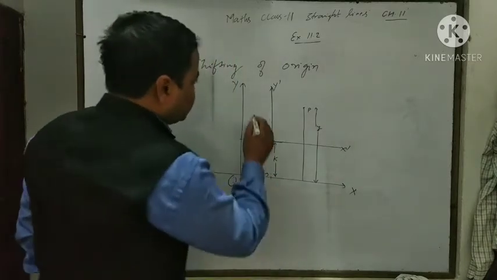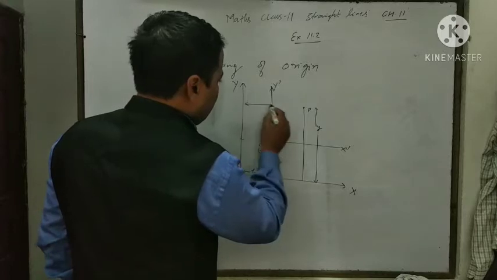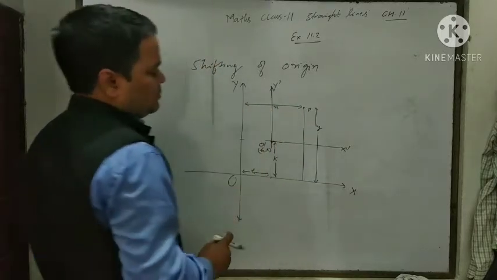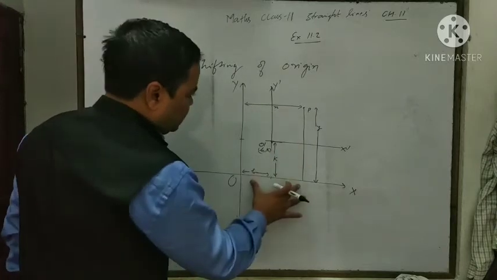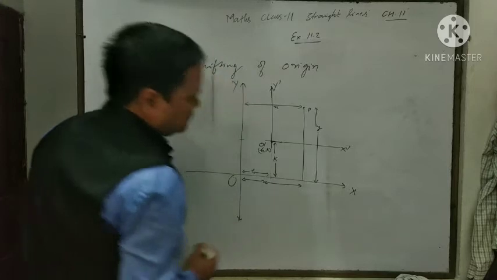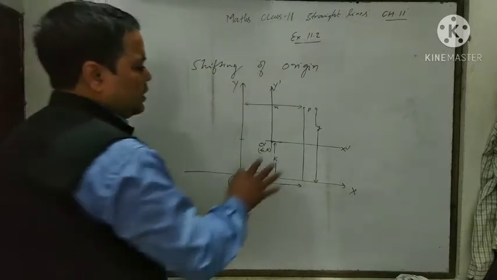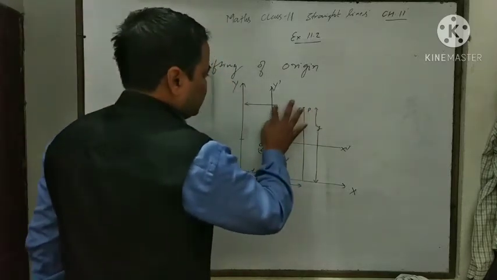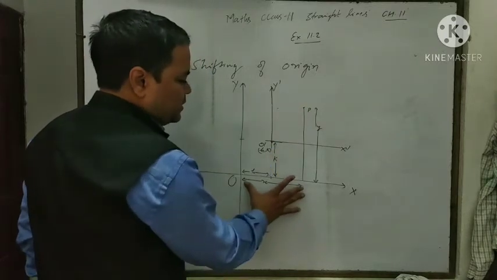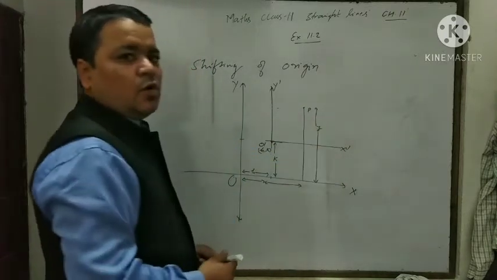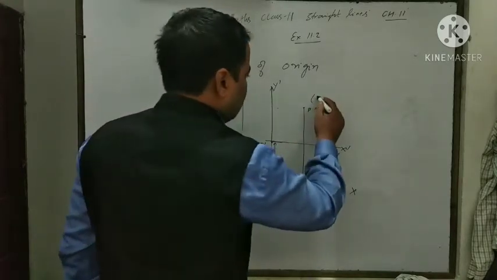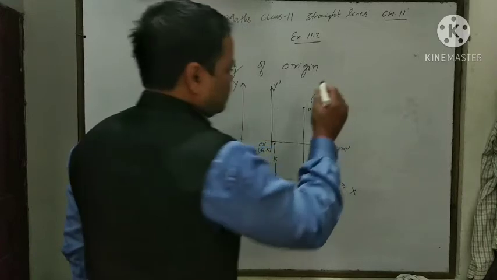If this is x, then this is also x. So let us erase this. It means this distance is x and this distance is y. So its original coordinate will be (x, y).